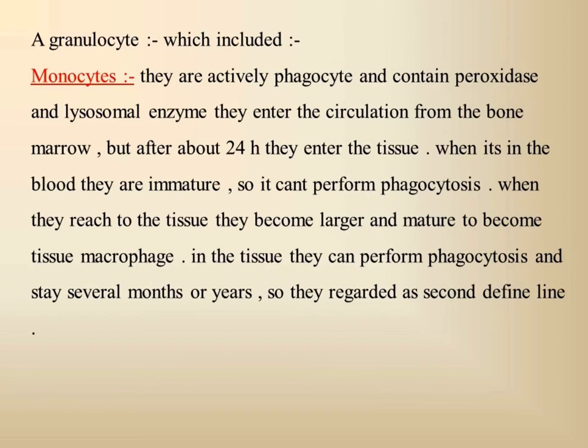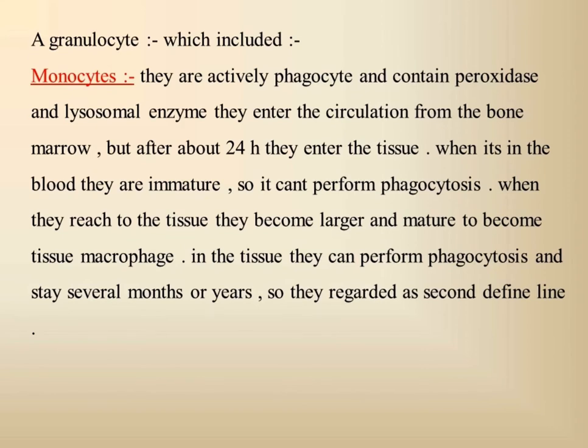Agranulocytes include monocytes and lymphocytes. So we are talking about the monocyte. What is the meaning of the monocyte? It is a white blood cell, agranular in cytoplasm and actively phagocytic. So it will be working together with the neutrophil.